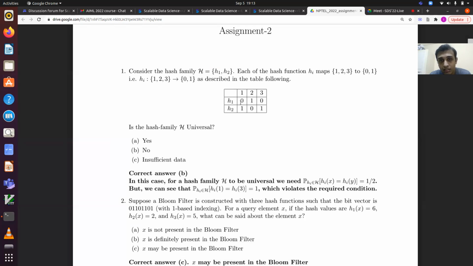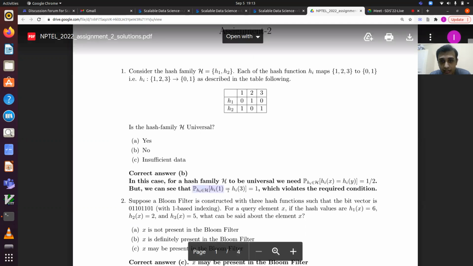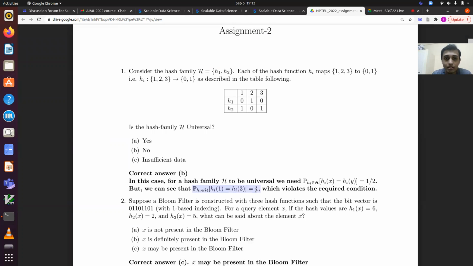If h1 is 0, then for 3 also it's 0. So they exactly match, and the probability is 1. Since the probability is 1, it's a violation. They should not have matched.